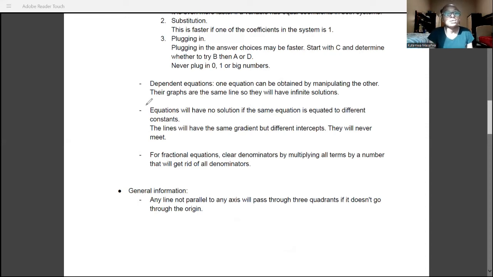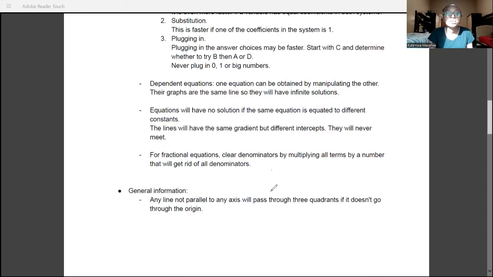And then sometimes you can have a situation where you're told to find a variable if lines have no solutions. So it's important to understand when a system is going to have no solutions. Equations will have no solution if the same expression is equated to different constants.